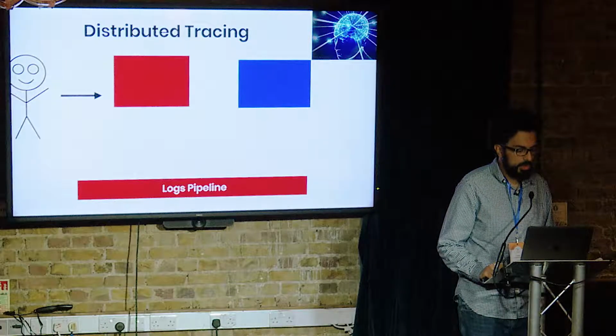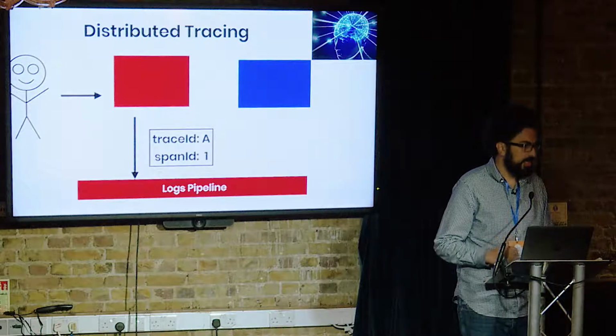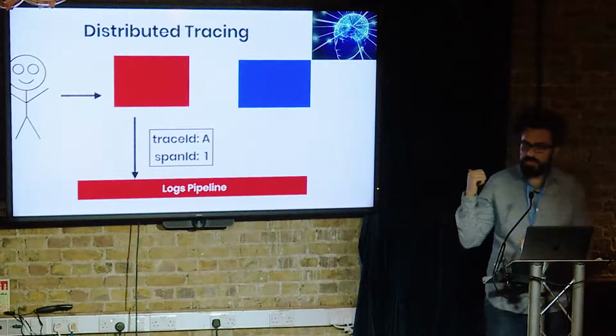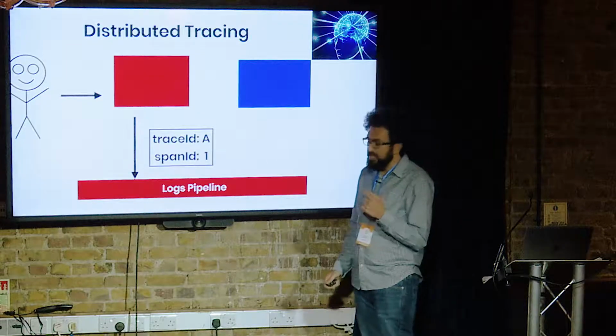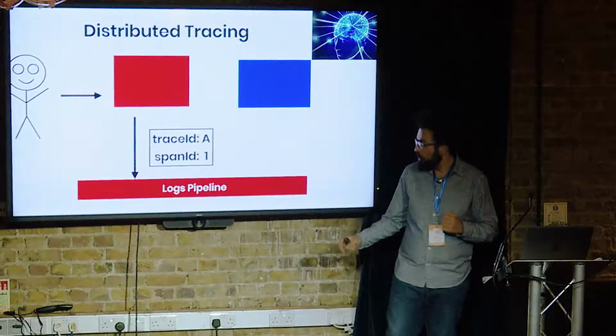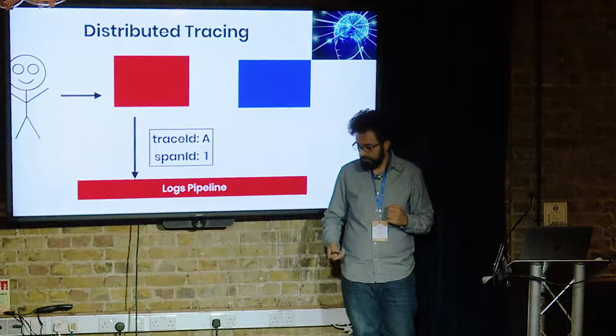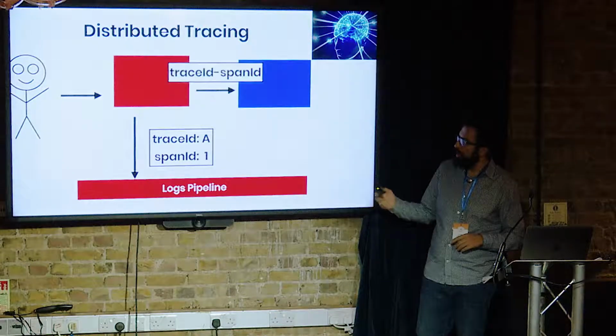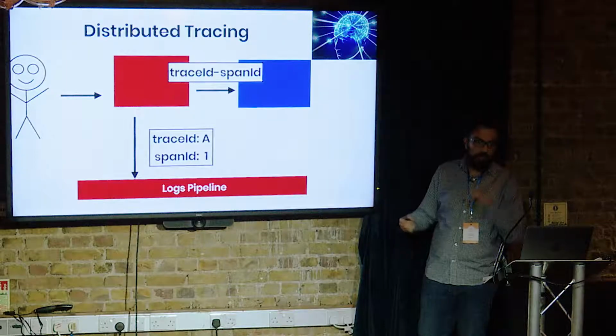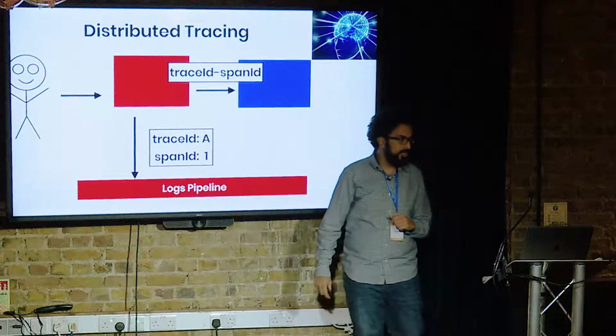But we're not going to call it correlation ID. We're going to call it trace ID. So this is our first ID that we're going to generate. We're also going to generate another random ID. We'll call it span ID. So far, we're still doing the same. We're going to just propagate both IDs to the downstream service.